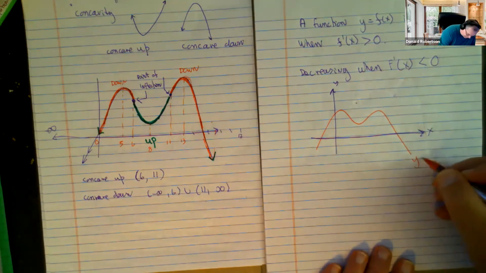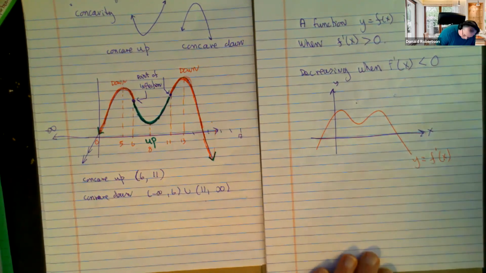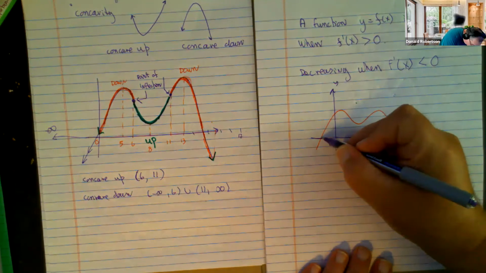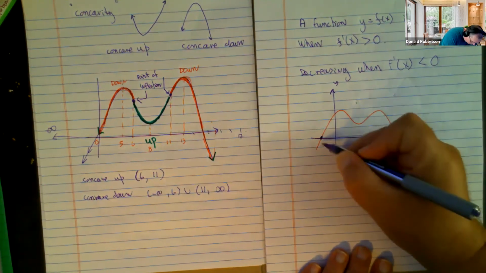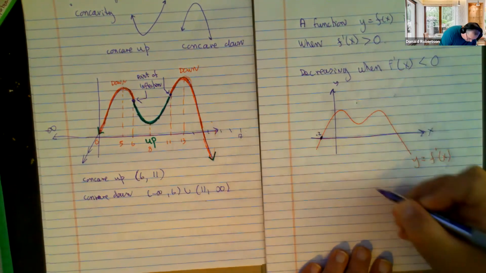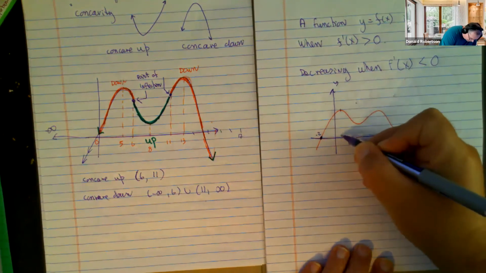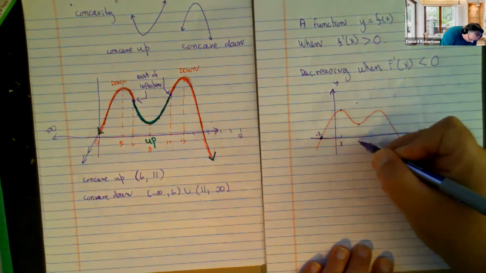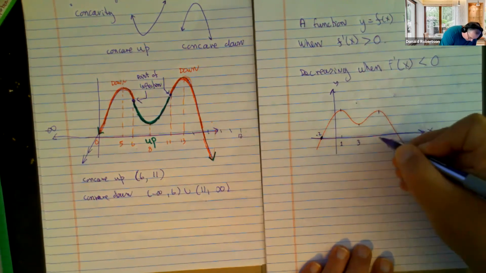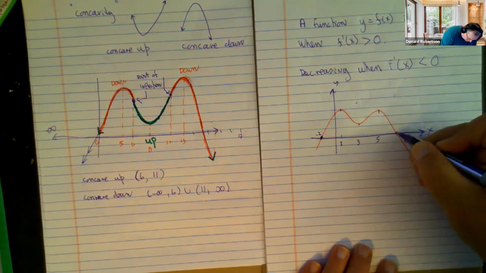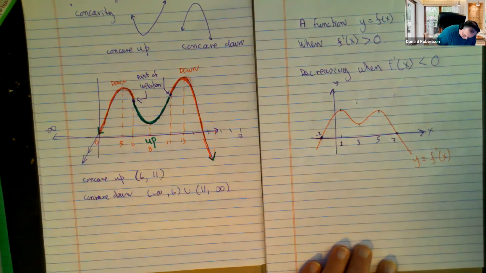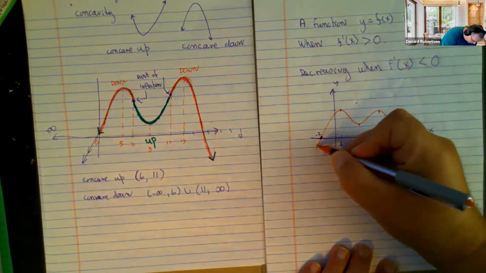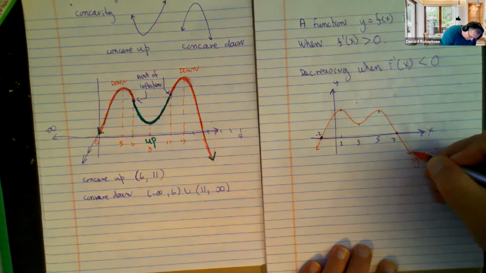So this is the graph of the derivative function. And I'm going to have to put in some numbers here because they're going to be useful. Let's suppose this is x equals -2. Let's say that guy is x equals 1. Let's say that's x equals 3. Make that x equals 5. I'll make that 7. And we'll just have the graph go on forever, right?